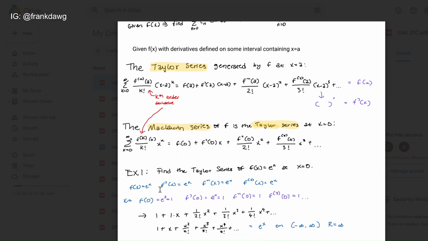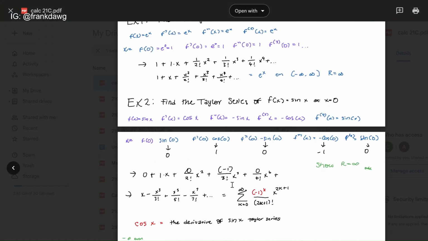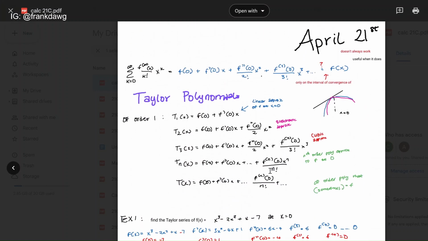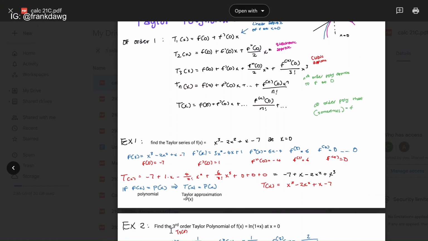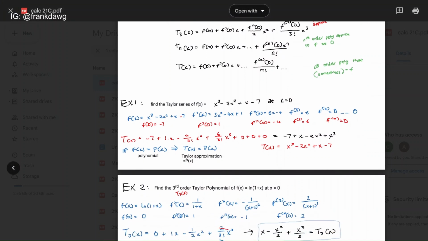For e to the x, find the derivative of e to the x at 0, and then you put it into the formula times x squared over 2 factorial. There's stuff like that, and then more of that. When they ask for second order, it means stop when it's x squared. Third order means stop when it's x cubed. Fourth order would mean x to the fourth, and so on and so forth.